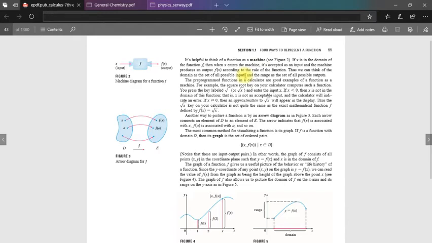So let's maybe take this: it is helpful to think of a function as a machine. Okay, and then you stop, and it tells you to look at figure 2, and then you go and look. Okay, that's figure 2. This looks like some sort of machine, and this is the output, this is the input. See, this is how you should be studying, or how you should be reading.